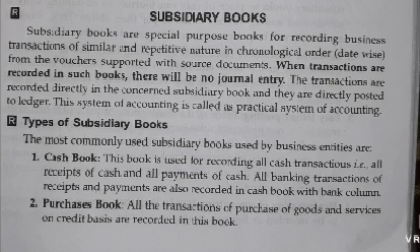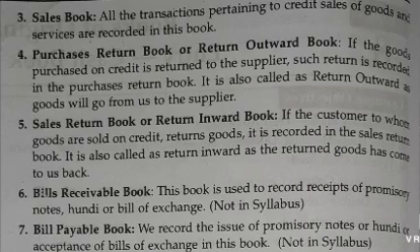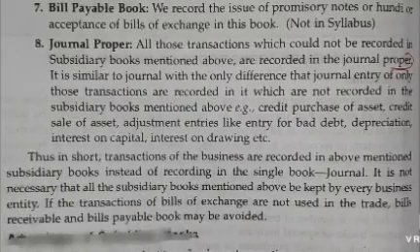Now, the different types of subsidiary books commonly used by businesses are cash book, purchase book, sales book, purchase return book, sales return book, bills receivable book, bills payable book, and journal proper.